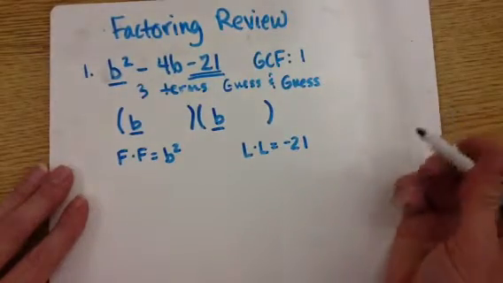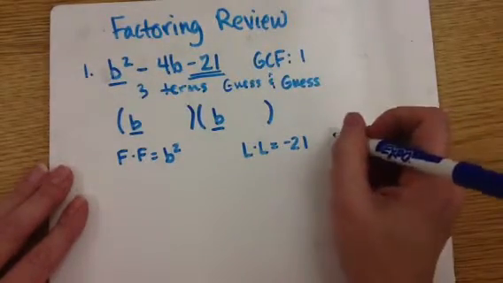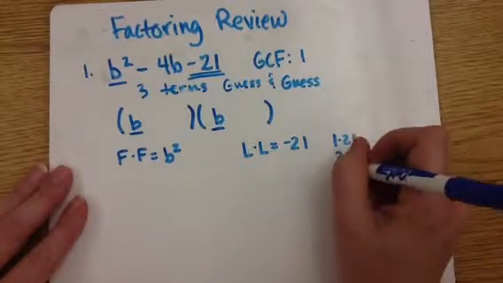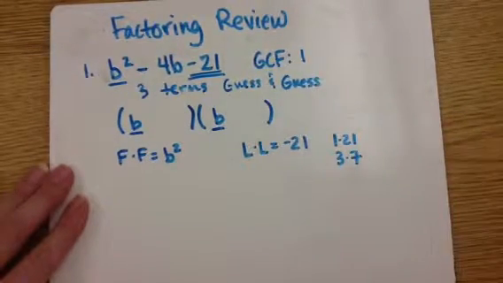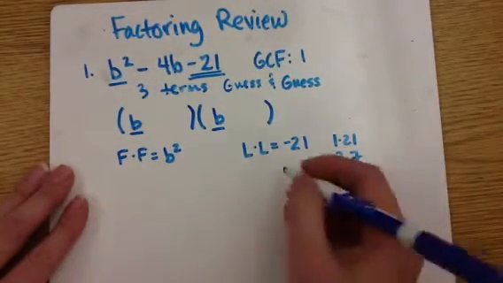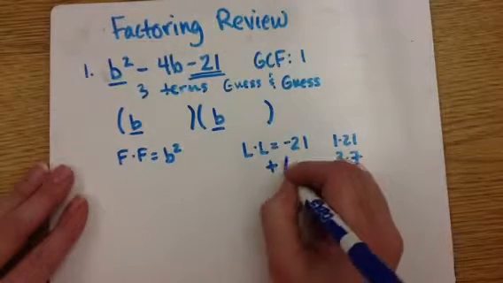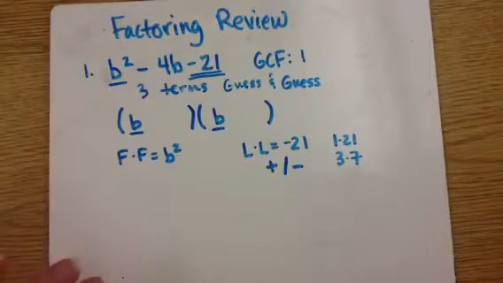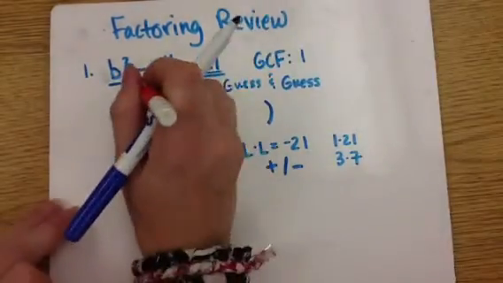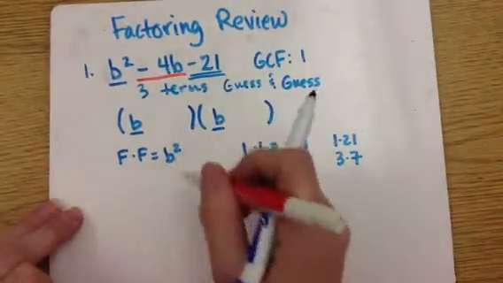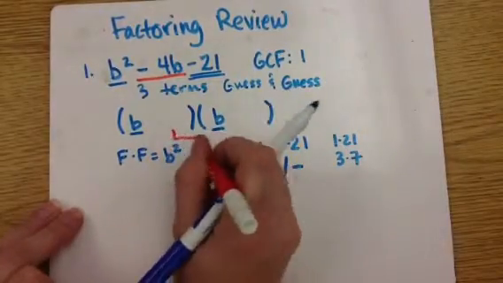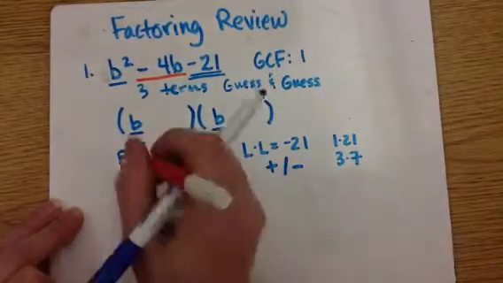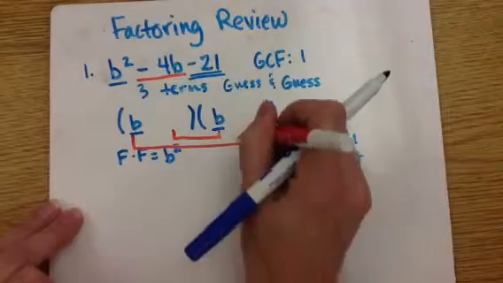So that means it's either got to be 1 times 21 or 3 times 7. And the sign of negative 21 tells me that 1 needs to be positive and 1 needs to be negative. And then the middle term, this negative 4b, is what I need to get when I combine the inside times the inside and the outside times the outside.